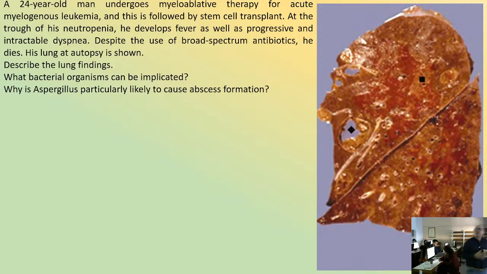They were low. And this patient developed a fever and progressive and intractable dyspnea, and you gave antibiotics. Why weren't they efficient? Why were they not enough to destroy the causative agent of the inflammatory process within the lung parenchyma?